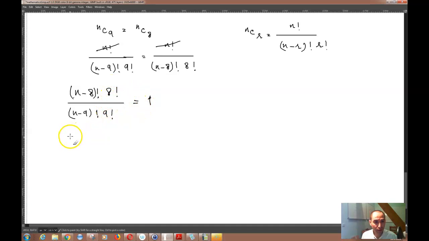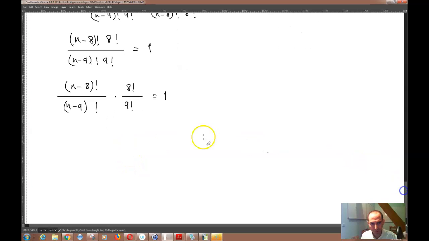Now I can write this as n minus 8 factorial over n minus 9 factorial times 8 factorial over 9 factorial is equal to 1. Now you can simplify 8 factorial and 9 factorial, and before you know this well, it's a good idea to write them out and see what happens.